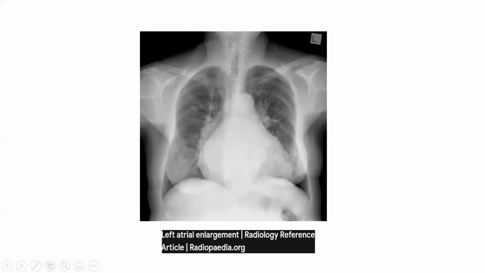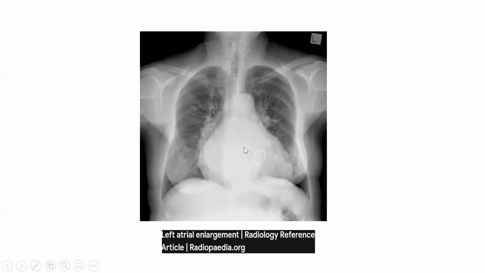You know, we mentioned right from the outset, when we were discussing the borders of the cardiac silhouette, that the left atrium is not seen in the borders. The RV is not seen in the borders. But there is a way to tell if the left atrium is large by this double density. This density here is the right border of the heart, which is occupied by the right atrium.